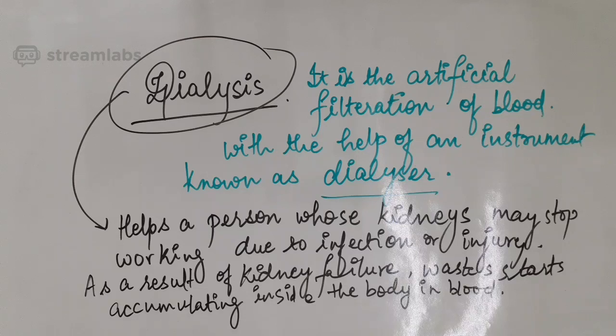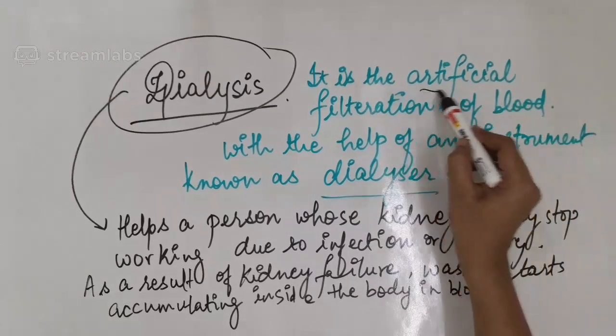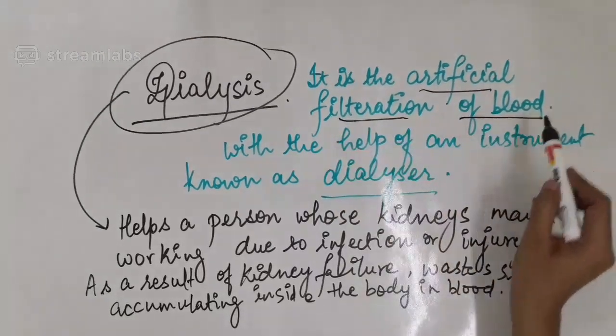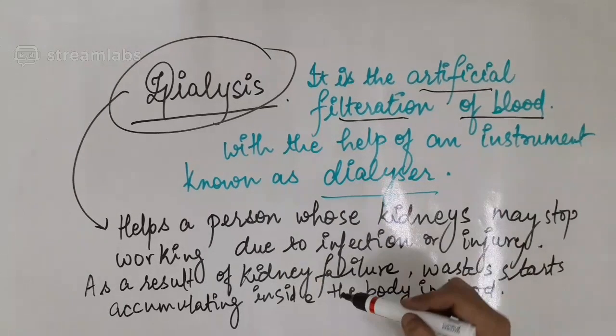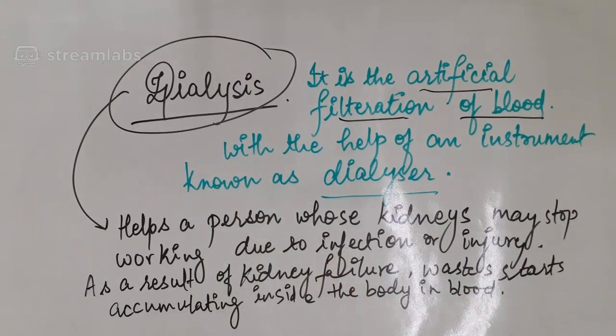Such persons cannot survive unless their blood is filtered. So the periodical artificial filtration of blood is done with the help of a machine known as dialyzer, and the complete process is called as the dialysis.